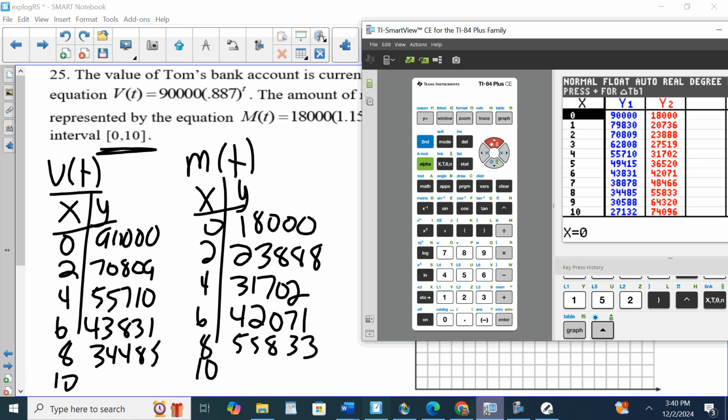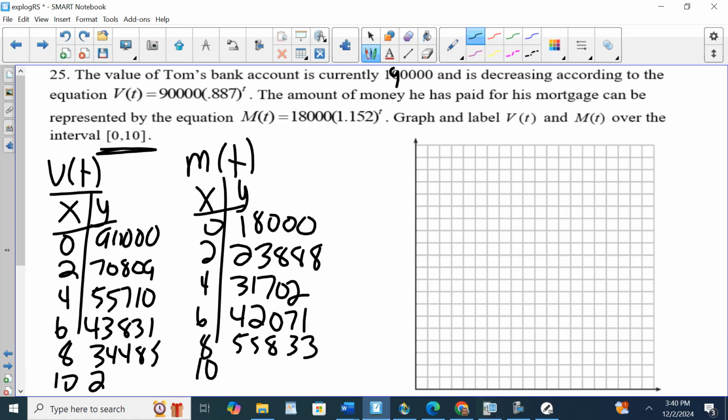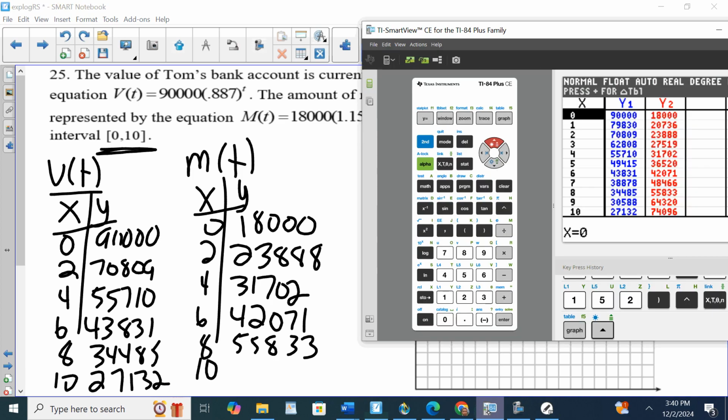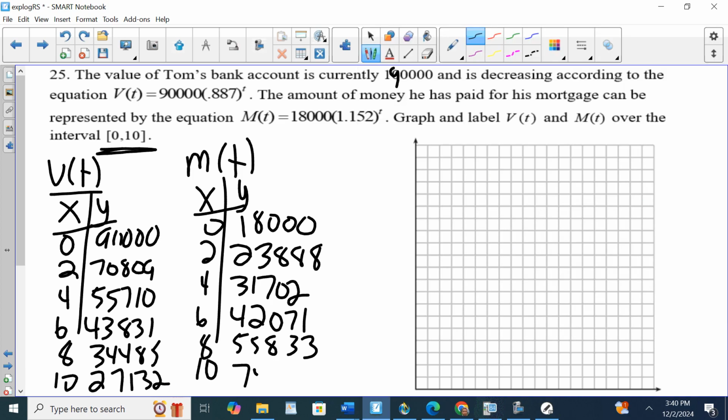And 10, I've got 27,132 and 74,096. Because it gave me an interval to graph it over, no arrows.